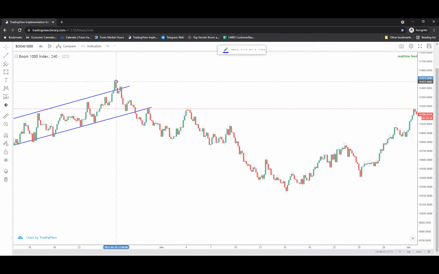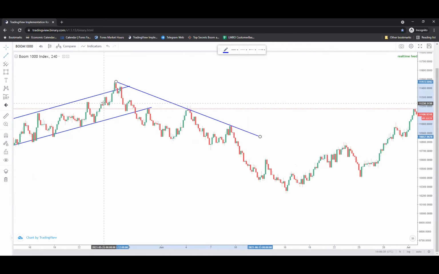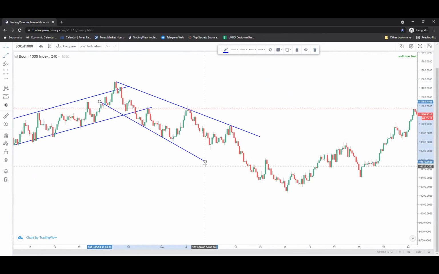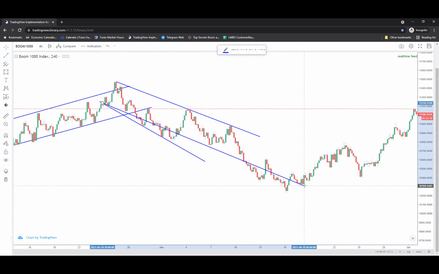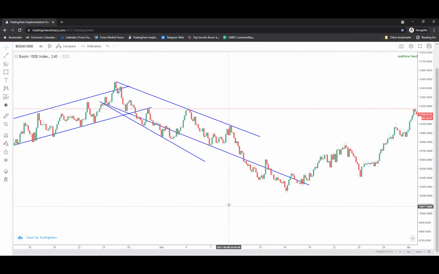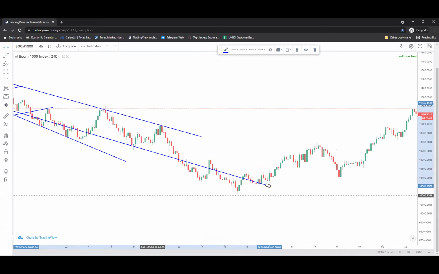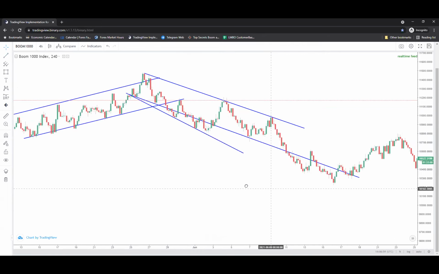If you see this fake breakout, now you connect from this area to the second lot, and then there is one more thing, you connect this to this. That's your major point channel.